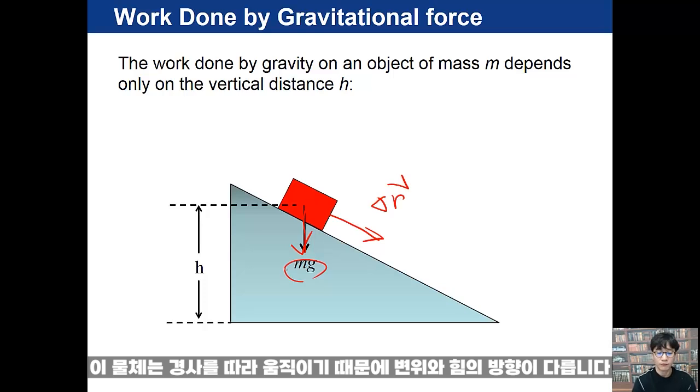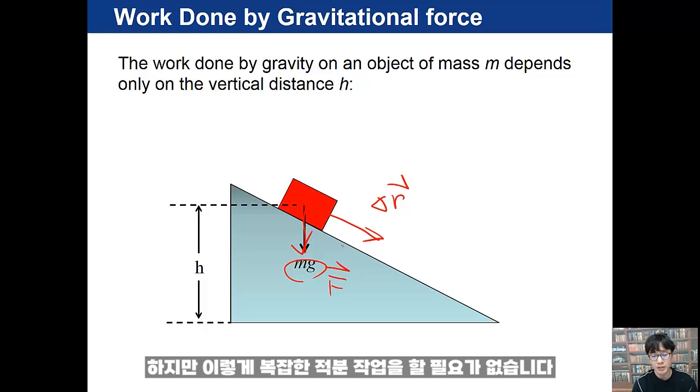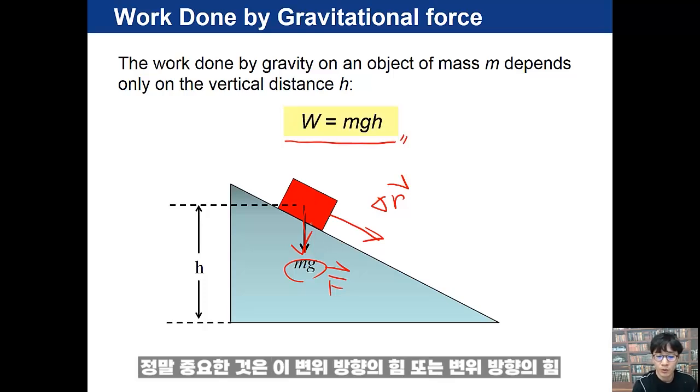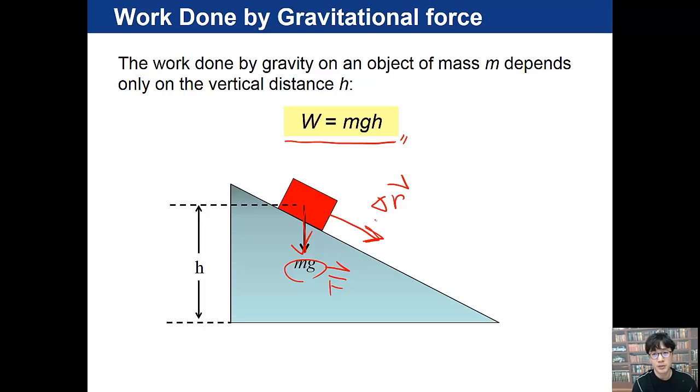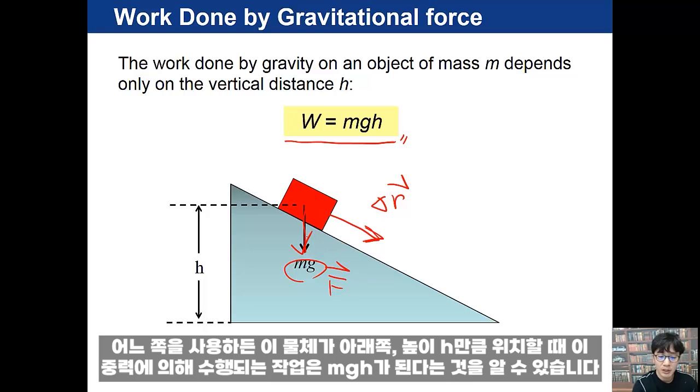Displacement and force have different directions. But then you don't have to do this complicated integration. What really matters is the force in the direction of the displacement, or the displacement in the direction of the force. Whichever you use, you will find that when this object moves down by a height h, the work done by this gravitational force will be mgh.